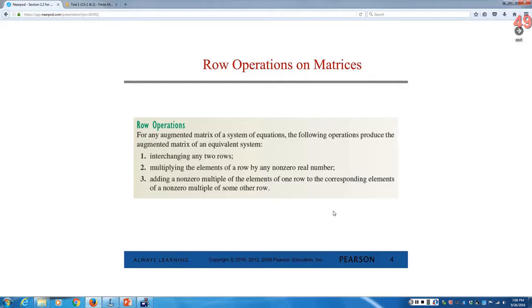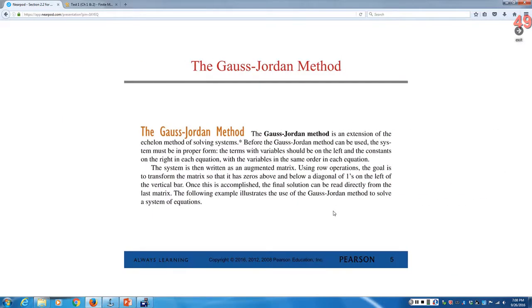This method is called Gauss-Jordan, and it's an extension of the echelon method for solving systems.